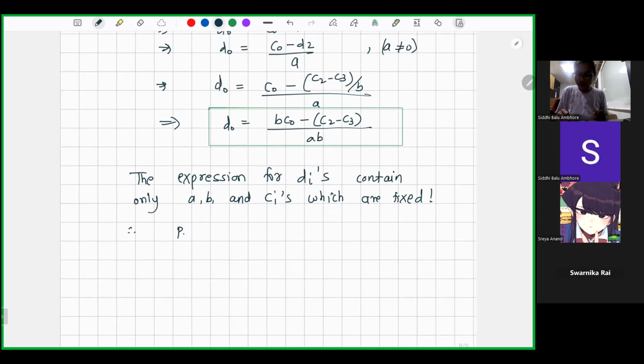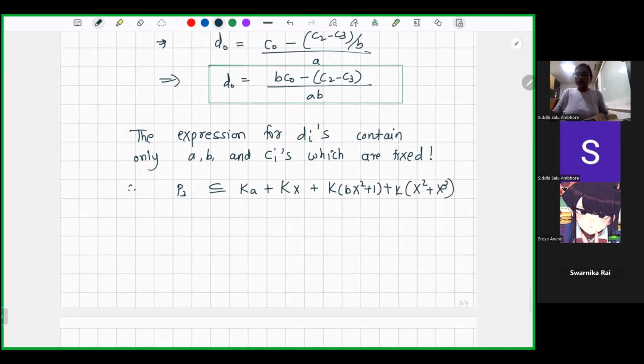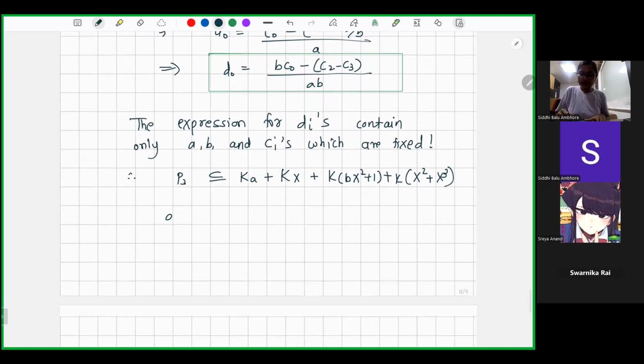So therefore, this P3 is contained in now this span of K: a, x, b x square plus 1, and x square plus x cube. Okay, and now we know that this a anyway belongs to P3. This polynomial x belongs to P3. This bx square plus 1 belongs to P3.